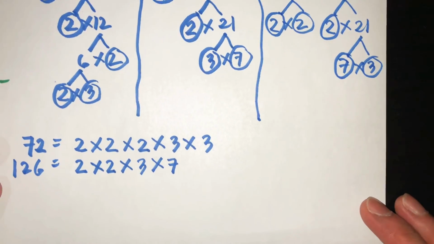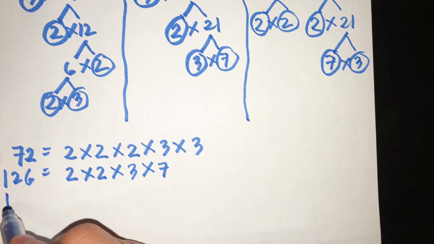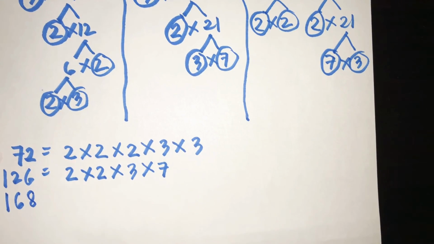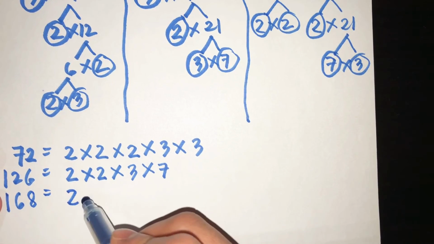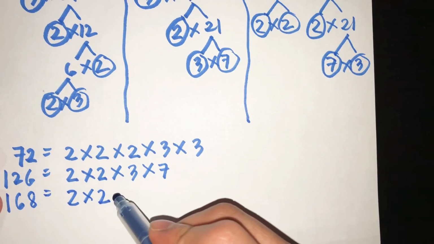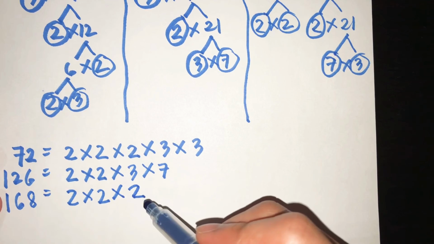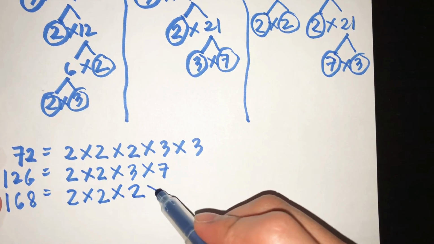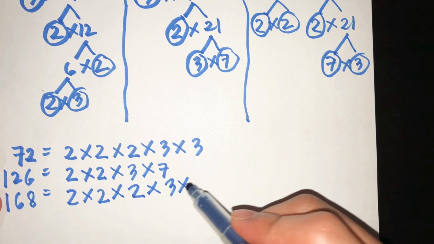So the prime factors now of 168 is equal to 2 times 2 times 2 times 3 times 7.